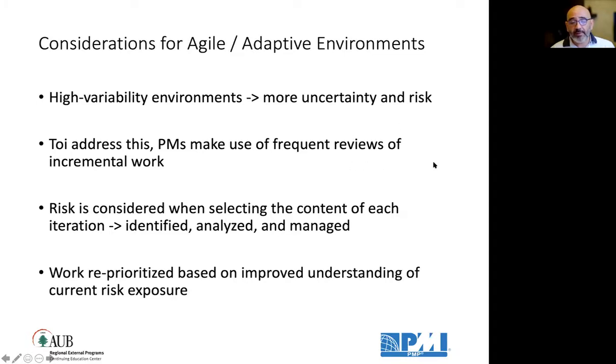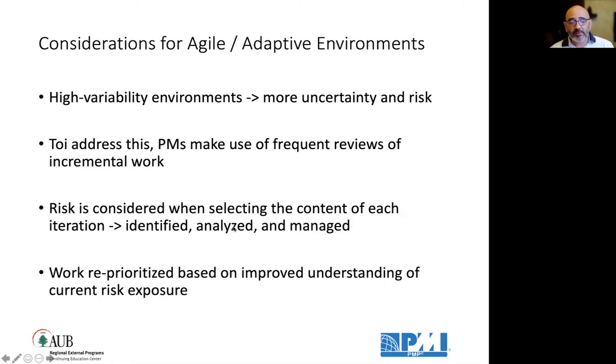In agile or adaptive environments, because of the nature of the approach of the project life cycle, there is high variability and more uncertainty. And here you cannot apply the risk processes the same way. But to address this, you need to make sure that you frequently review the incremental work of the user stories, to assess those story by story or backlog by backlog.